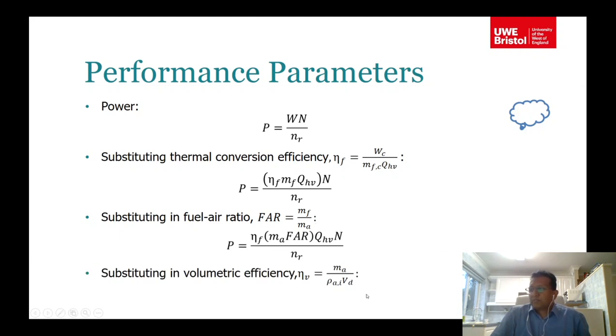You can get the air-fuel ratios as well, mF over mA, in these terms, and you can also substitute the volumetric efficiency.